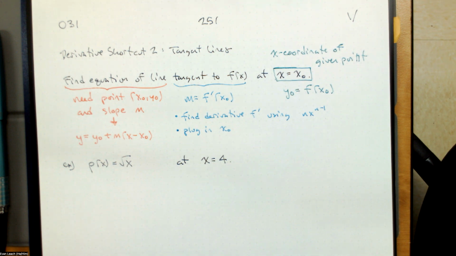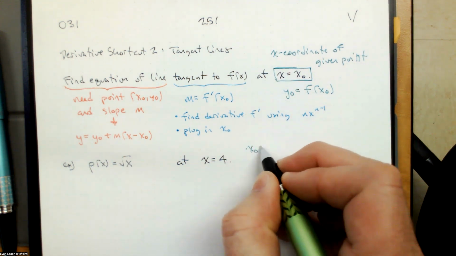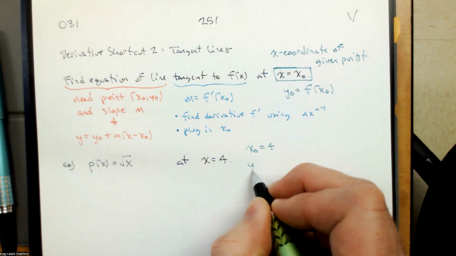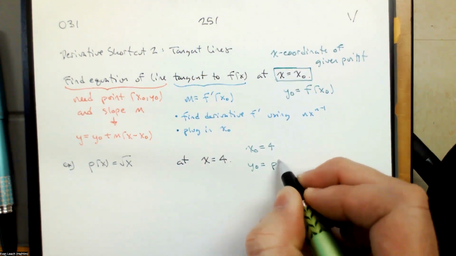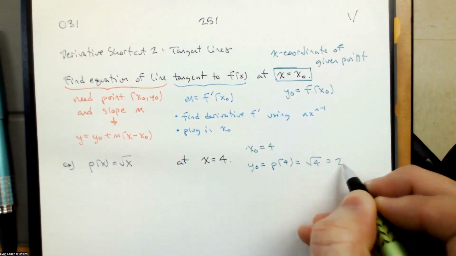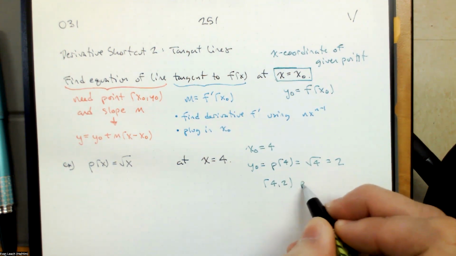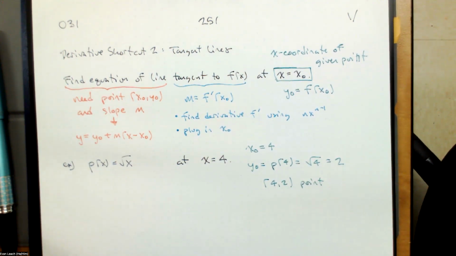So the 4 is your x naught. We want to find a point, so we'll plug 4 into the function. So x naught is 4. Y naught will be f of 4. Square root of 4 is 2. So our point is 4, 2. Half the stuff we need for our tangent line.